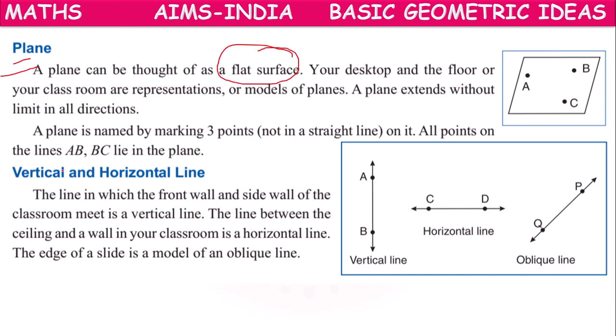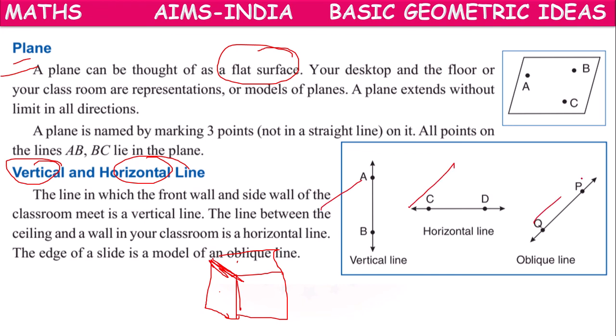In your classroom, based upon the side wall, front wall, and the ceiling, and their joining portions, you can find the vertical line, horizontal line, and oblique line.